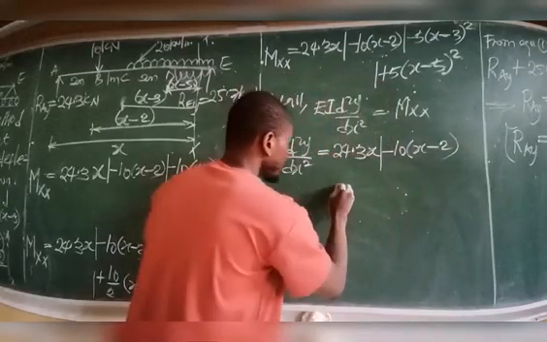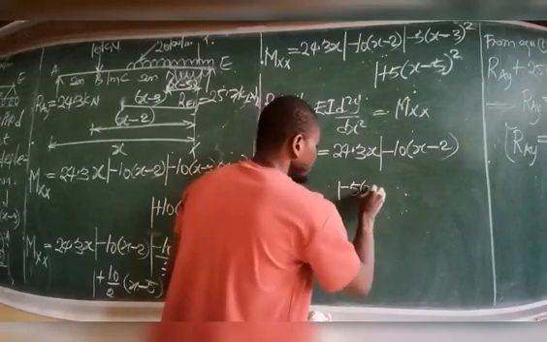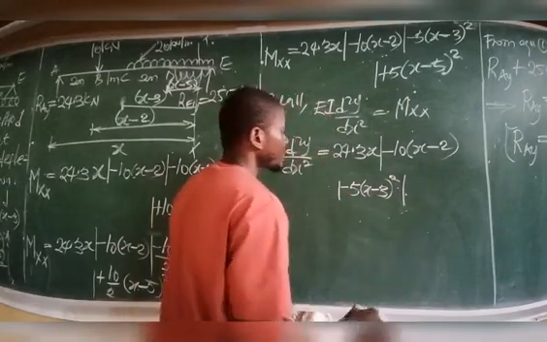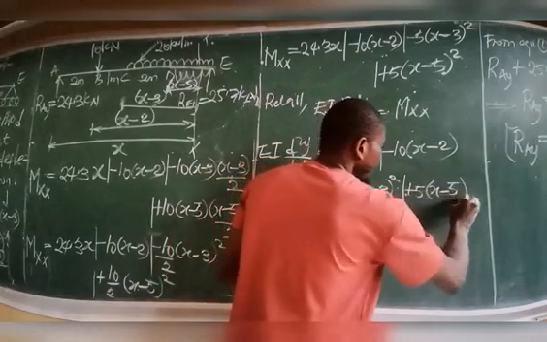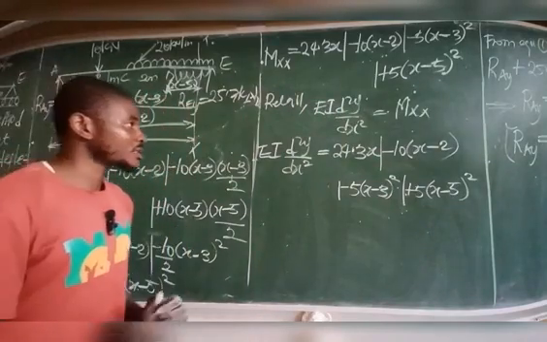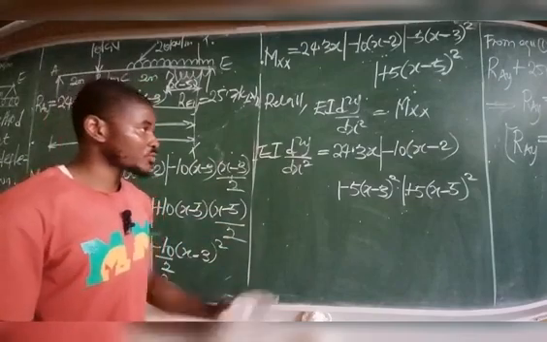Put down your Macaulay's bracket. We have here minus 5 into x minus 3 all squared. And finally plus 5 into x minus 5 all squared. So this gives me the flexural rigidity multiplied by the double derivative of deflection with respect to x.